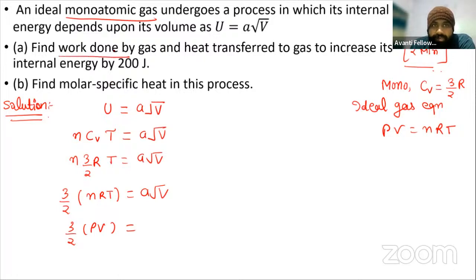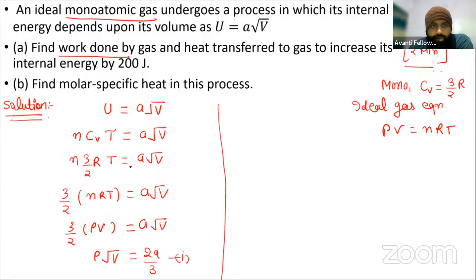Because the work done term is given, and we know that work done is P dV. So that is why we are finding the pressure and volume relation. Now it will be P root V equals 2A by 3. This is equation number 1 that we got.